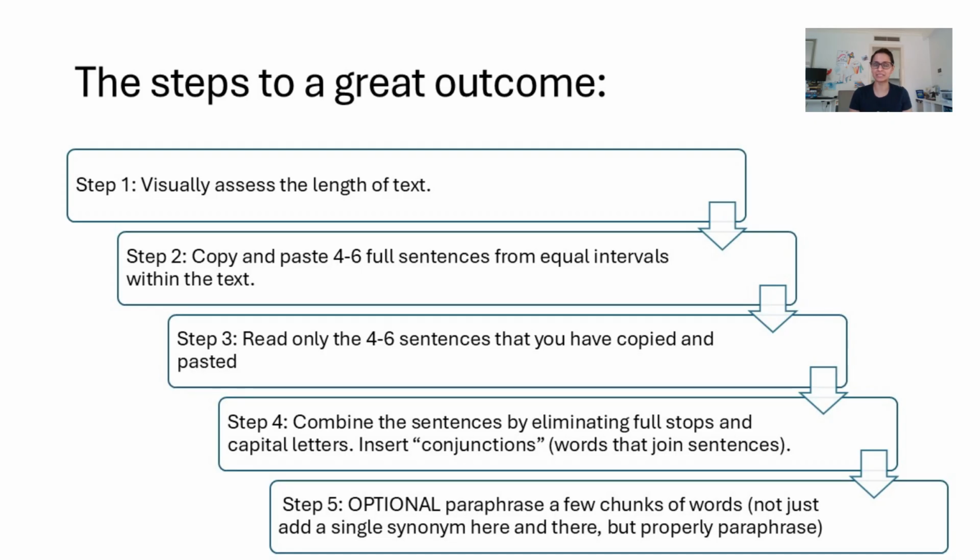Once you've copied and pasted these full sentences, that's when you start reading. You only read what you have copied and pasted. Next, you combine the sentences by eliminating the full stops and capital letters. You insert conjunctions. Now, this is where it gets even more complicated because some tutors will say, insert words like therefore, hence, moreover. No. You're going to keep the conjunctions as simple as possible.